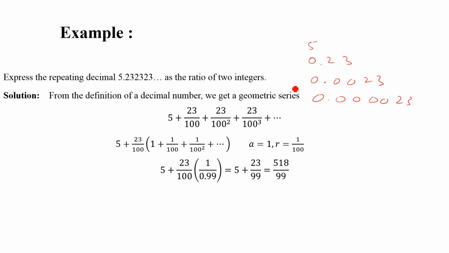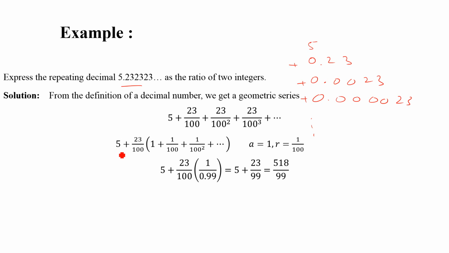So this is how we can write this number, and we are adding all these numbers. So the series becomes 5 plus 23 over 100, 23 over 100 squared, 23 over 100 cubed, and so on.